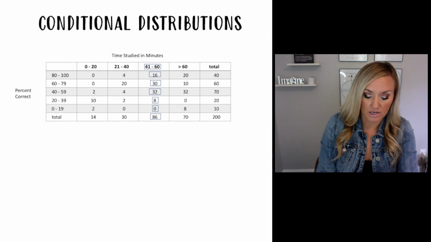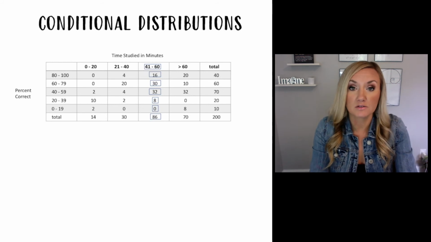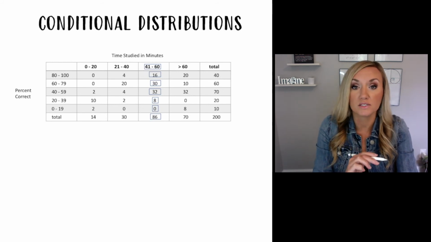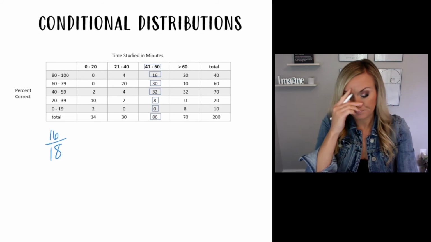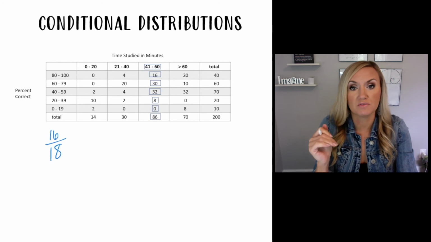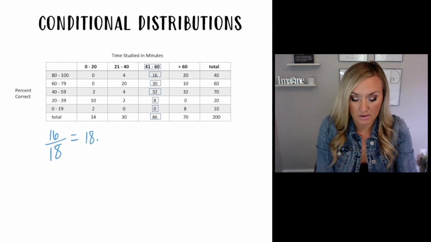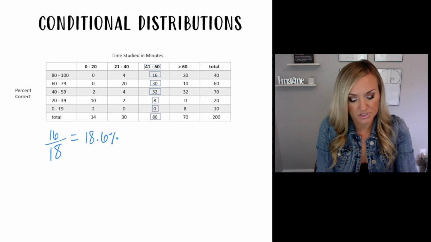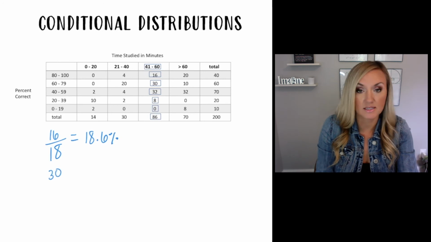So let's look at the distribution of the scores for the students who spent 41 to 60 minutes studying. 16 out of 86, the students who received a test score of 80 to 100, is 18.6%, rounding to the nearest tenth. I said 86 and I wrote 18.